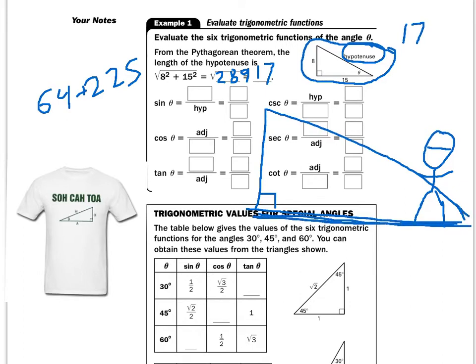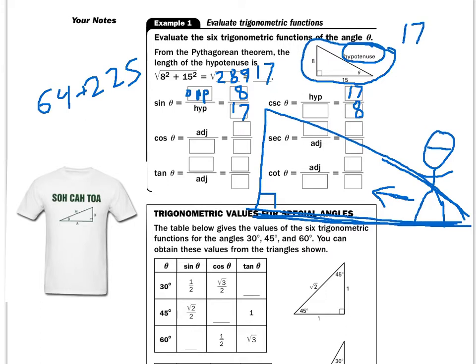The hypotenuse is the long side, and then opposite is the side all the way over there on the other side. That helps me to remember. So sine is opposite over hypotenuse, and the side opposite of my theta is 8, and the hypotenuse is 17. So the sine is 8 over 17. Now cosecant's just that flipped upside down, so that's 17 over 8.